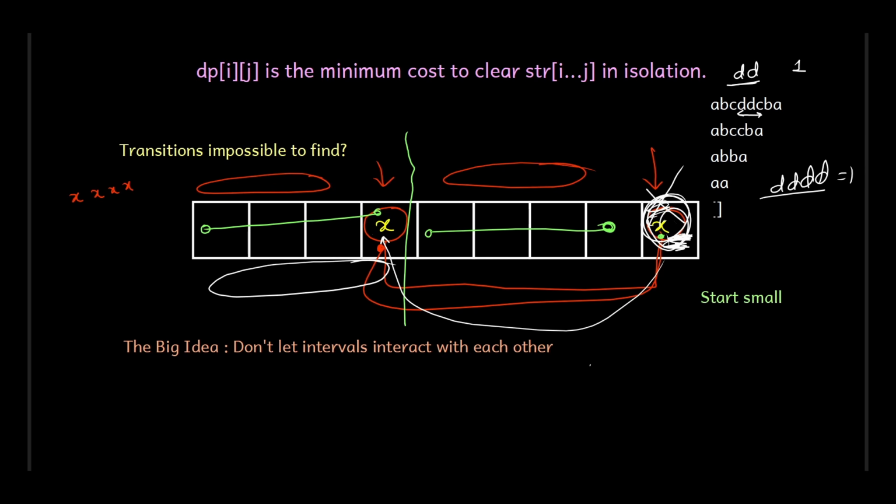So the answer would actually be this: DP of I to K plus DP of K plus 1 to J minus 1. This is the actual transition. There won't be a plus 1. Now, why won't there be a plus 1? Because if you want to add plus 1, that is, if you want to do the merging of two elements together, then you would also have to consider the merging of three elements together, right?